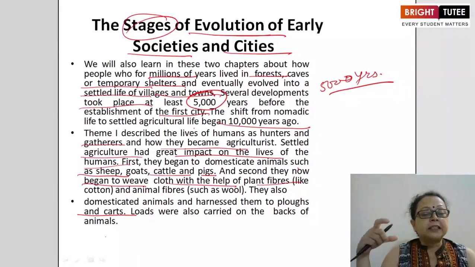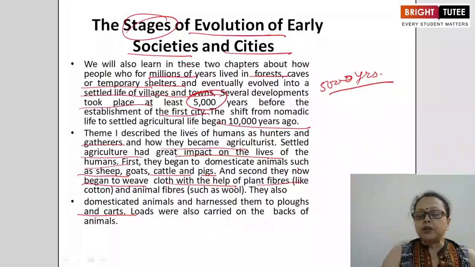So not only was fire discovered, but the wheel was also discovered by the early humans. Then loads were also carried on the backs of animals. We can think about how the early humans, with their appearance on the earth, started thinking about all these things.